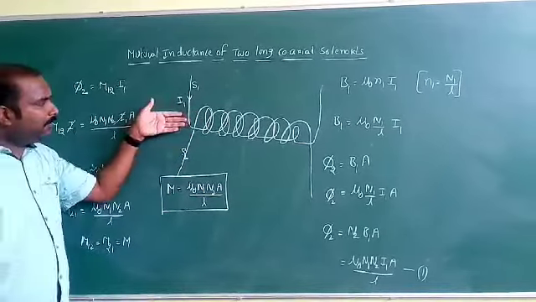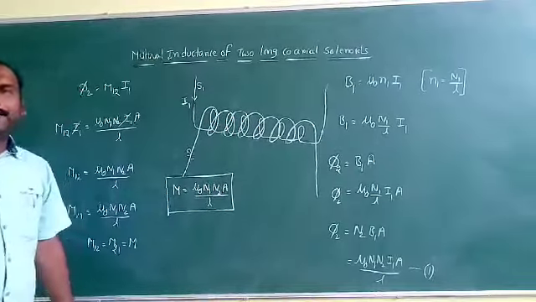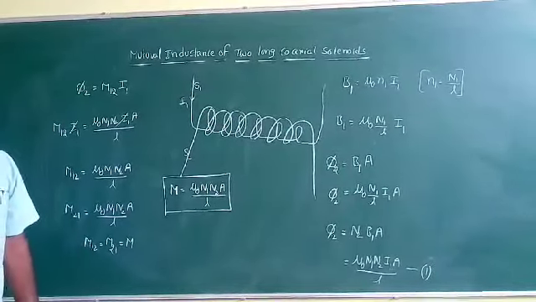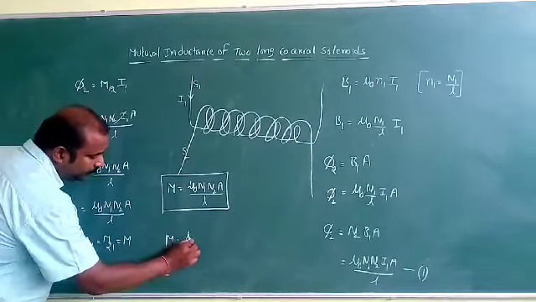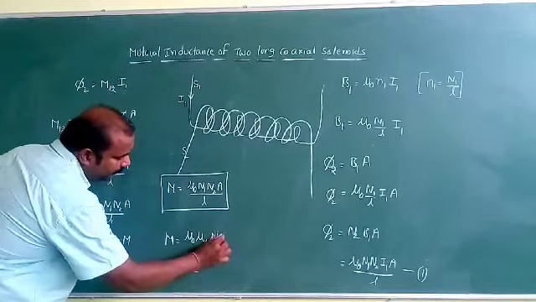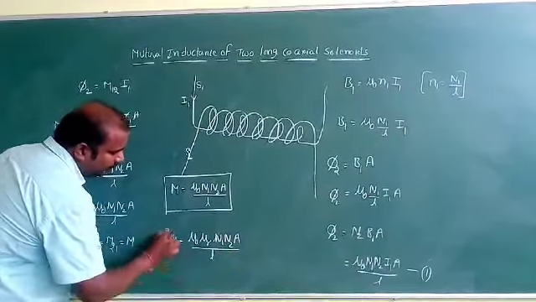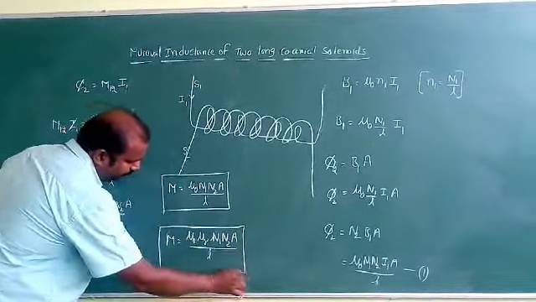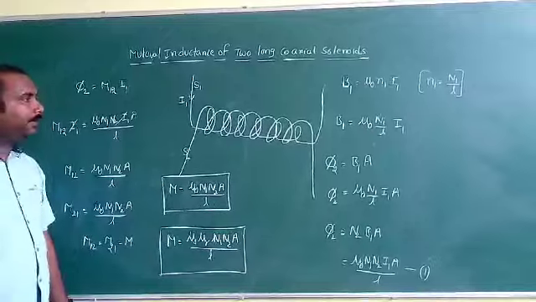Suppose a magnetic material is placed in the axis of these two solenoids, then the above equation becomes M is equal to mu naught mu r N1 N2 A by L.